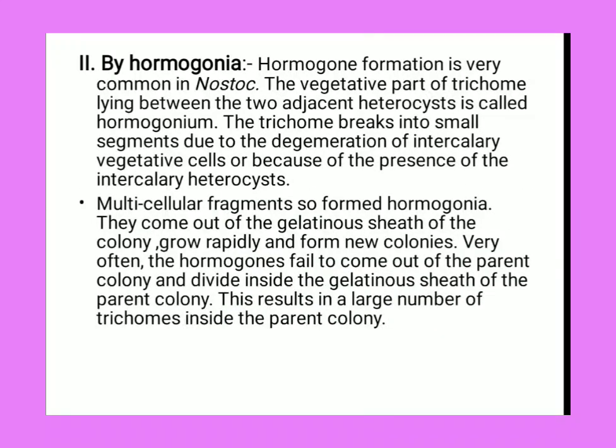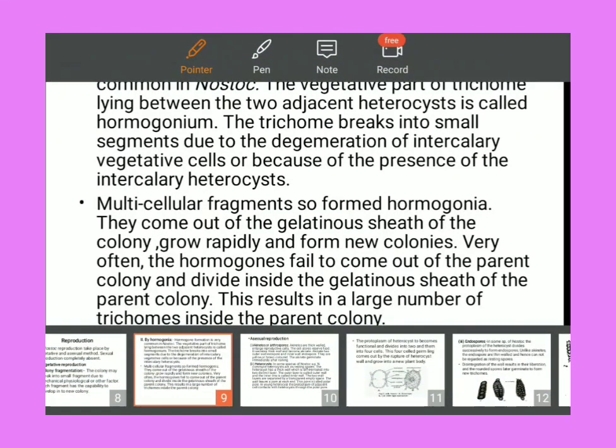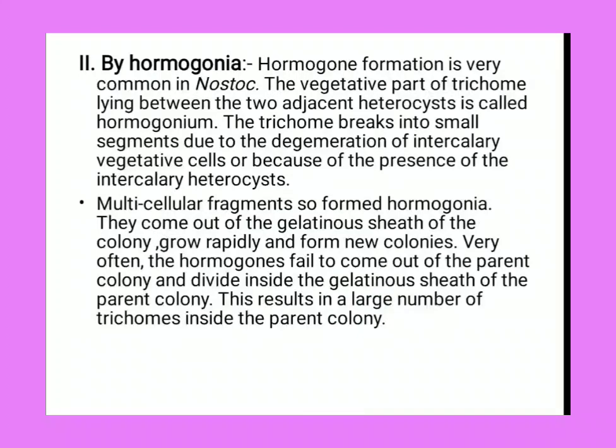Hormogonia formation is very common in Nostoc. The vegetative part of the trichome lying between two adjacent heterocytes is called hormogonia. The trichomes break into small segments due to the degeneration of intercalary vegetative cells, because of the presence of intercalary heterocytes, and the multicellular fragments so formed are hormogonia.